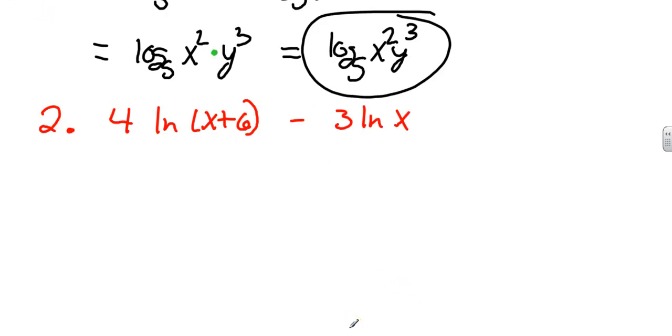Okay, for number 2, we'll go 4 times the ln of x plus 6 minus 3 ln x. And similar to the first part, you've got the 4 that's out front, so that becomes x plus 6 to the 4th.